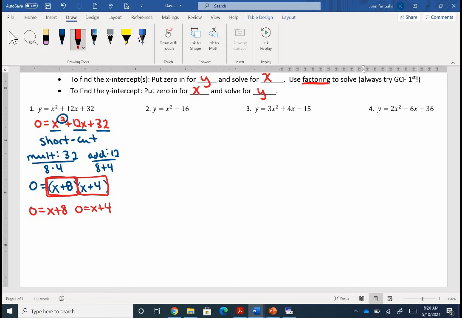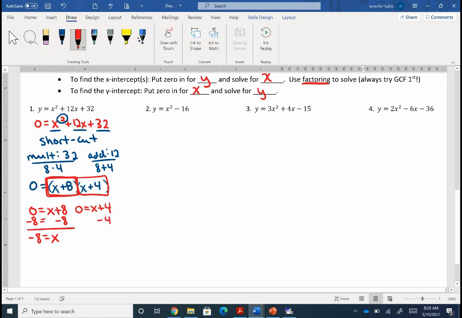So if either that first expression equals 0 or the second one equals 0, we're in business. Now, it could be one or the other. We can't just have one of them because it could be one or the other that could make it work. So all we have to do is subtract 8. So if x is negative 8, we get a 0, and we're in business.